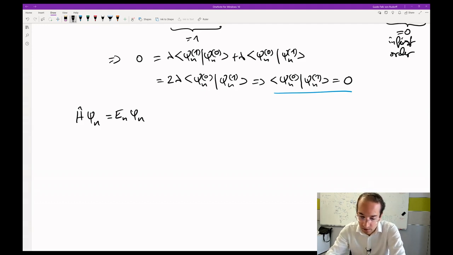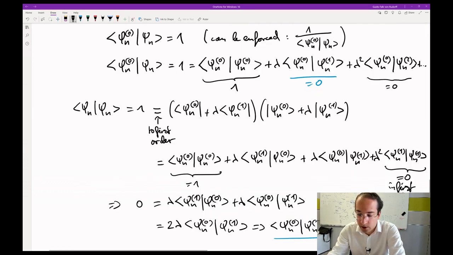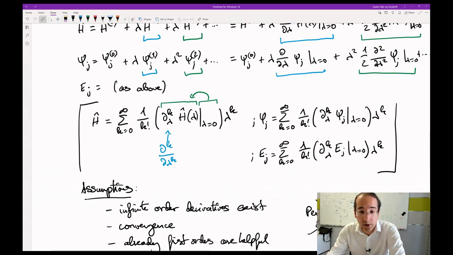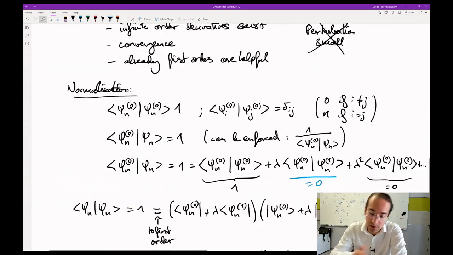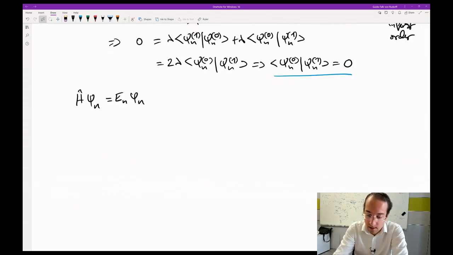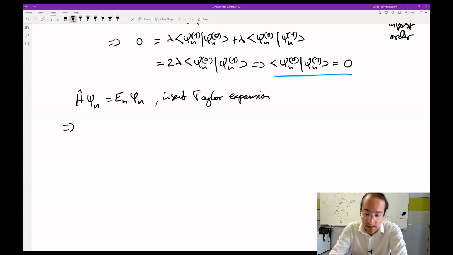So for each of those there was this part here, in the box, where we have this Taylor expansion, and now we can insert the leading orders of this Taylor expansion in this. If we do that, then what we obtain is this part.